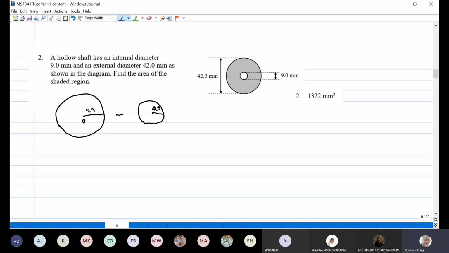Once you take away this small circle, what is left over is the shaded region. What they want is the area of the shaded region.